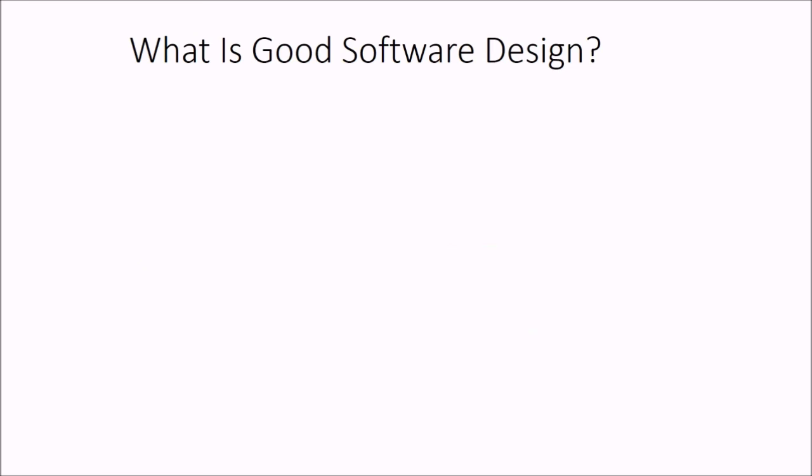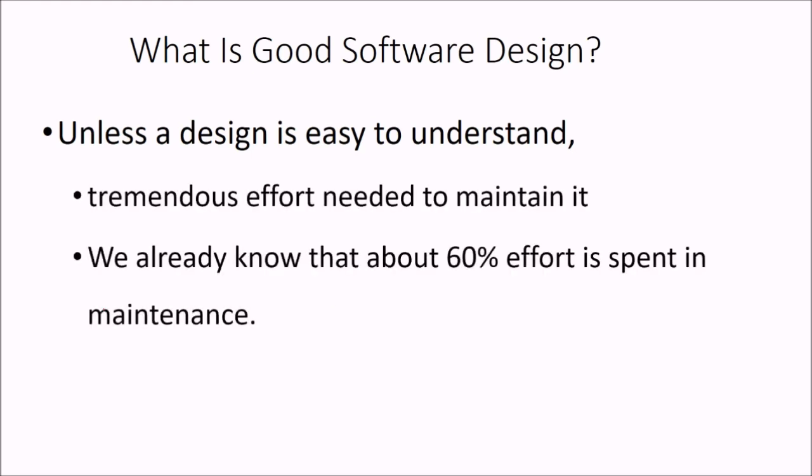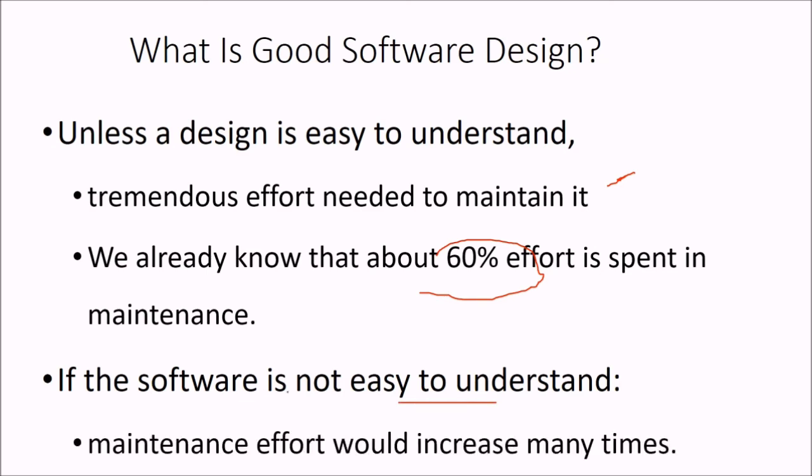But if you are not able to understand the design, then of course maintenance will be very hard. We already know that about 60% of effort is spent in maintenance activity. If you can't understand the design, then maintenance effort would increase and eat into the time given for the actual software making. So we have to be very careful about this.